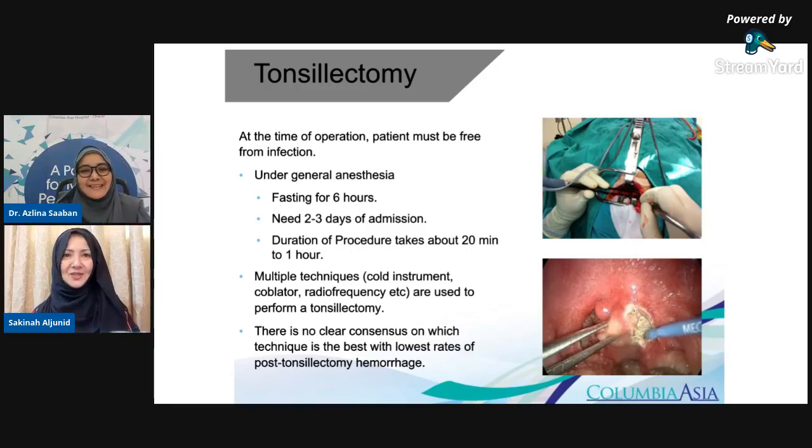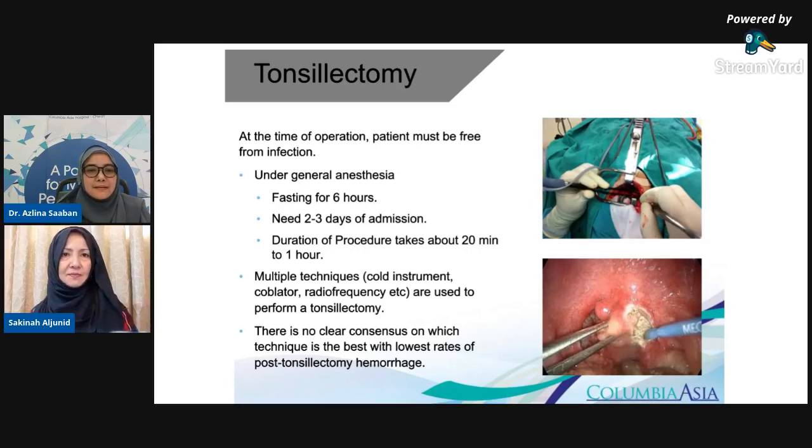Okay, what about your recommendation? It depends on the availability of the instruments, but using cold instruments, the traditional technique, is also adequate. Okay, so this is done under general anesthetic, doctor?